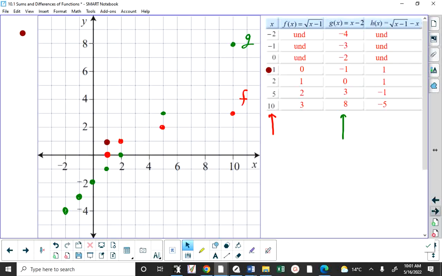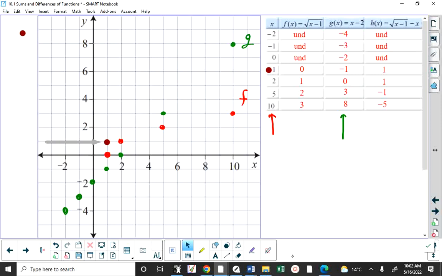But, and it's not tricky, you just have 3 functions here and you have to follow them carefully. The y coordinate on h is found by taking the y coordinate on f minus the y coordinate on g. So the y coordinate on f is 0 minus negative 1, which gives you positive 1.